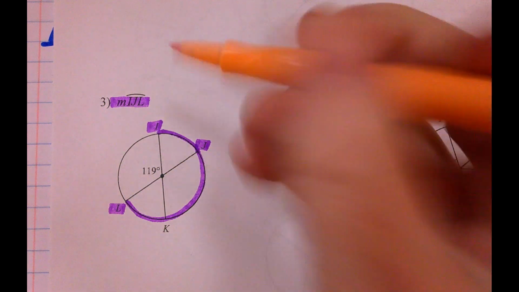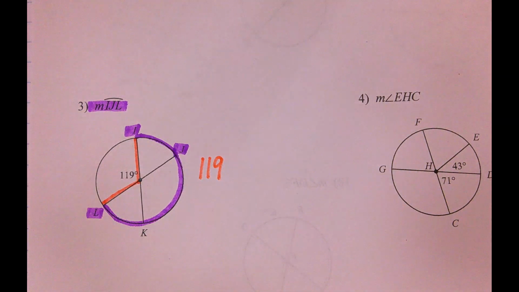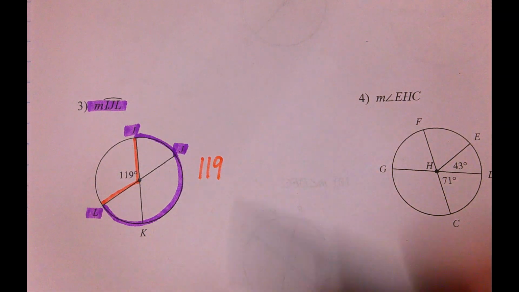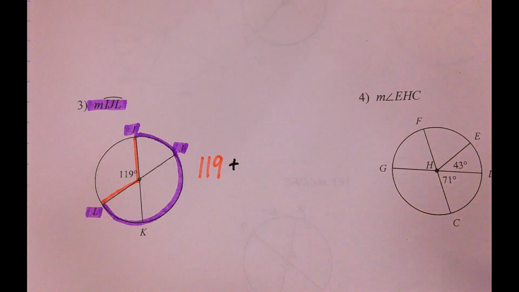So here's what we can do. I know that 119 degrees plus IJL equals 360.